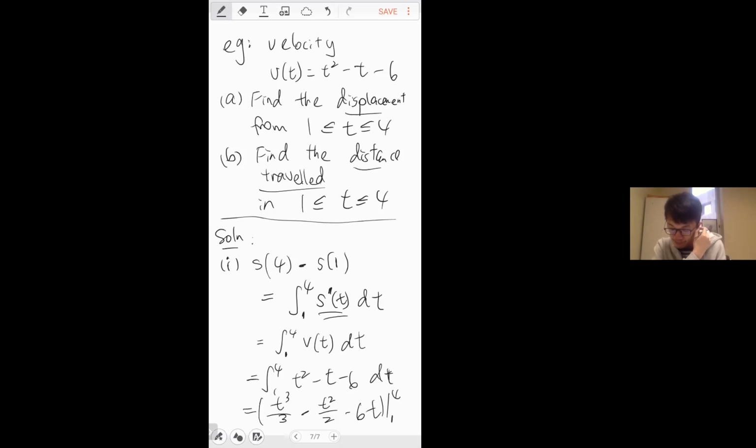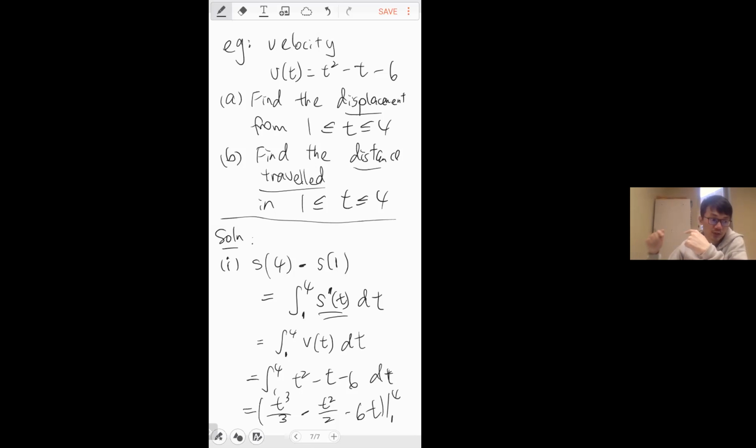Second part, find the distance traveled during the same period. So what do I do? Does anyone remember what's the difference between displacement and the distance traveled?